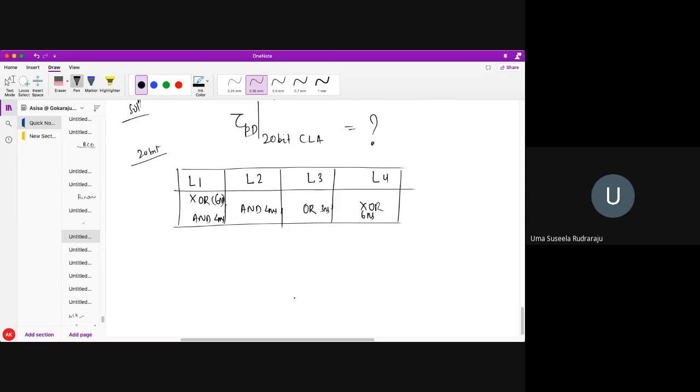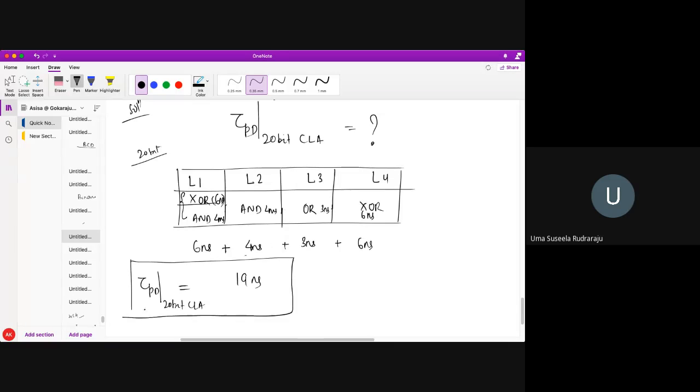You have to find the maximum propagation delay among these. 6 nanosecond is the maximum. So level 1 is 6 nanosecond, plus level 2, 4 nanosecond, plus level 3, 3 nanosecond, plus level 4, 6 nanosecond. The delay tau PD of 20 bit CLA is 6 plus 6, 12, plus 4, 16, plus 3, 19 nanosecond.